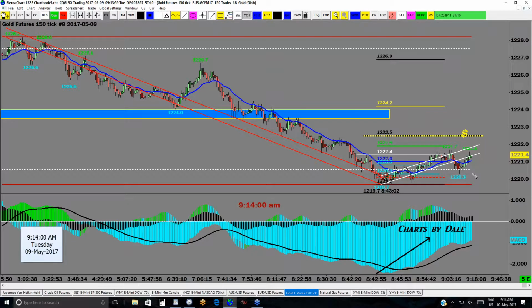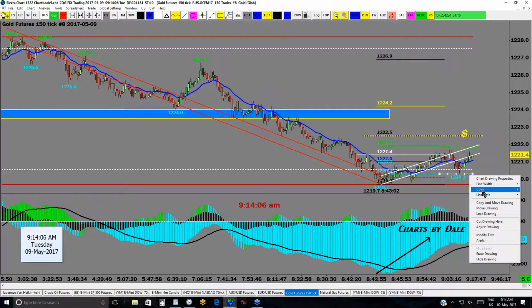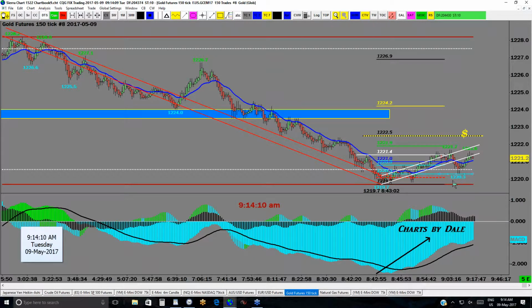So our new target, we still have the money off target there. This year's support here on gold has come down in here. We'll make that color code aqua, so 1220.3, and so we're on our way. We just have to take out 1221.7 to get to 1222.5, the first money off area here.